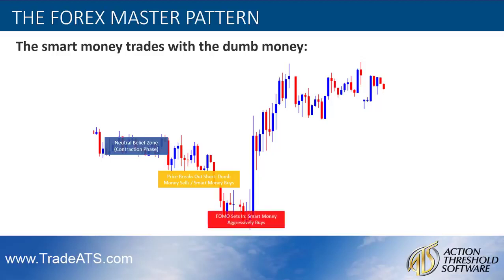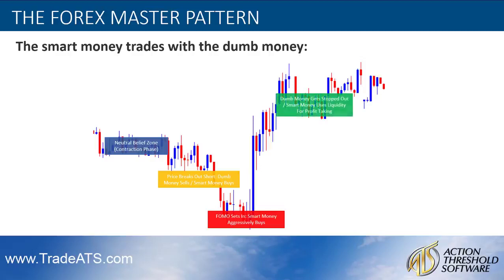Okay. The opposite of this, because this is the expansion phase, and we know that from what we're doing, we know this is the second phase. This is where the FOMO sets in. Smart money starts to aggressively buy the other side, because the dumb money traders are starting to sell more and more because they're chasing the market, and smart money accumulates the other side of that, and then the market goes in its actual direction, which is up in this case.